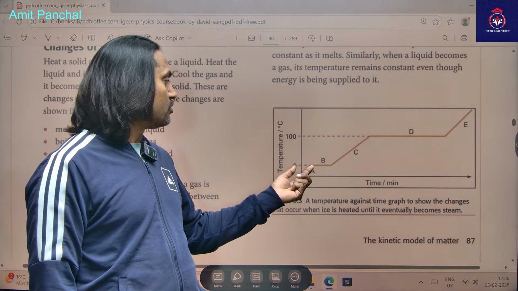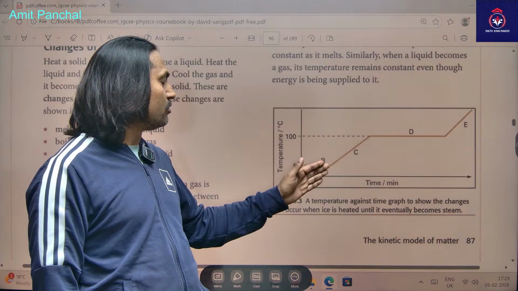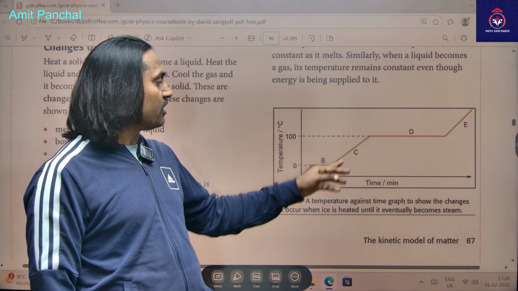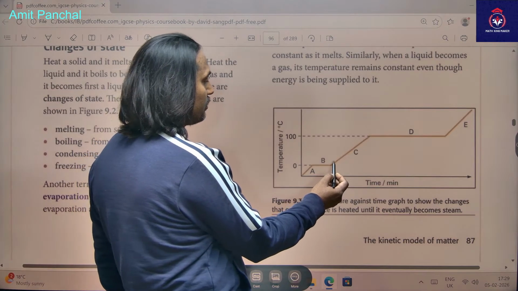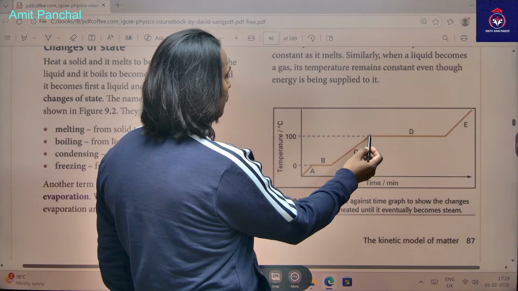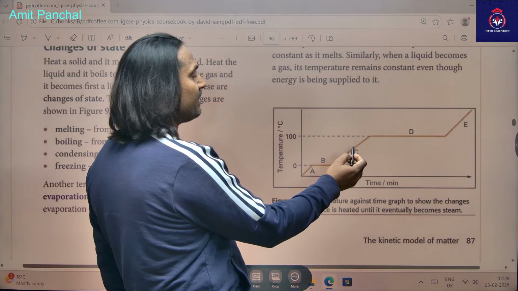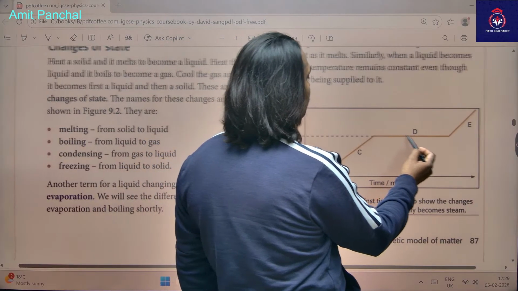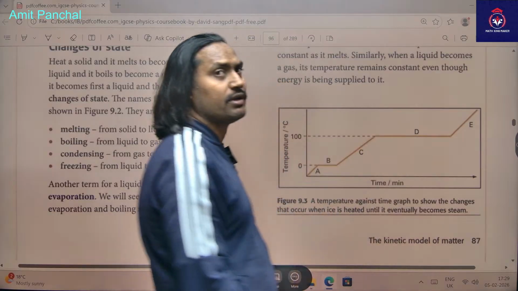After some time, once it stays continuously at 0, it melts at this point. So it is changing its state from here to here. In this state, it is liquid. Again, it is not changing its state; it is liquid here for a particular time period.